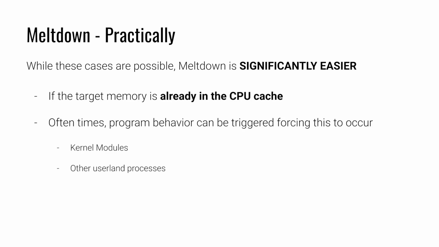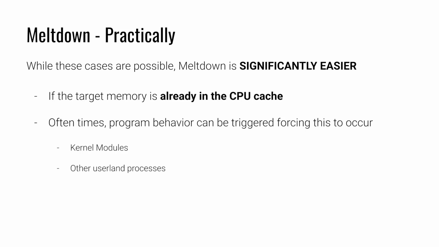Now, practically, you may need more than just a vulnerable CPU. It has been shown and proven that Meltdown works to access values that are not already in the cache. However, it is significantly easier to pull off.